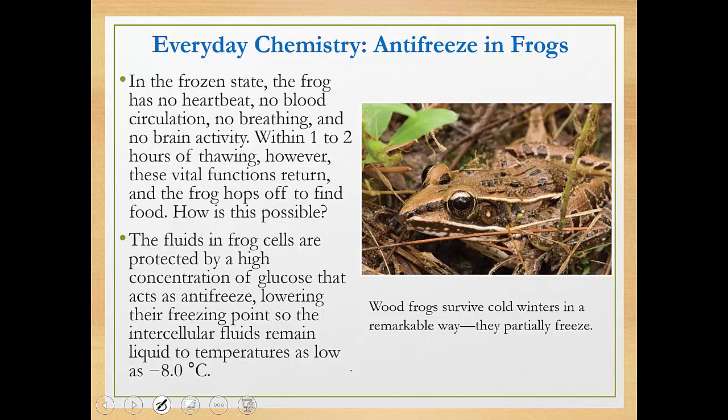So their intercellular fluids actually remain liquid down to a temperature as low as -8 degrees Celsius, which if you convert that to degrees Fahrenheit, you'll see that's pretty cold. And for the more temperate climate that we live in, we rarely get that cold. So as long as it doesn't get below -8 degrees Celsius, the fluid in the frog still is in a liquid state, and it still allows it to maintain everything, and they just go into sort of a hibernation state.